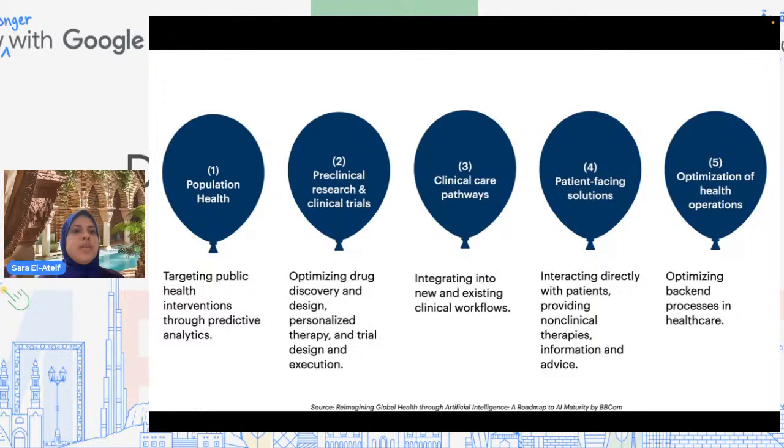So first things first, there is what we call population health. What do we mean by population health? I'm not sure if you knew about this or not, but way before COVID-19 broke through and became a huge pandemic, there were some companies and some organizations that already knew that COVID-19 was happening. Usually these companies were aware of it through social media and through analyzing several logs.